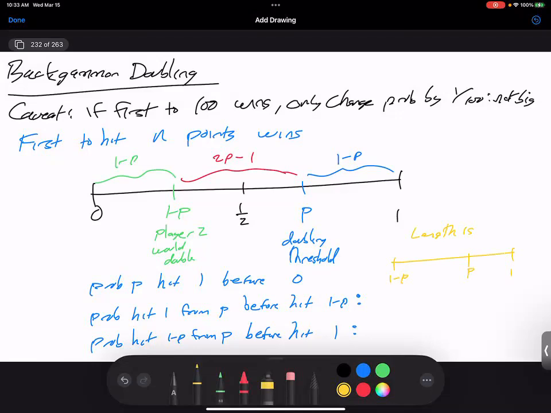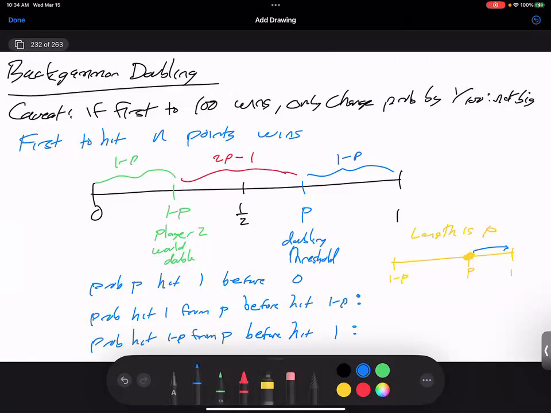Is this p? So if we start here, what's the probability we get to 1 before we get to 1 minus p, where we have an interval now of length p? Before, when we had an interval of n points, if we started at k, it was k over n. It was how far am I from the left endpoint divided by the length of the whole thing.